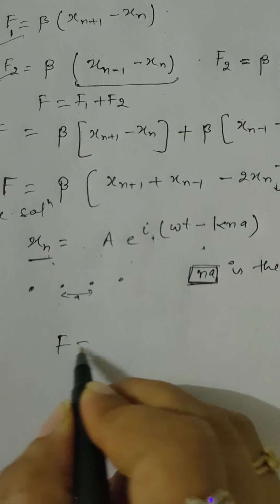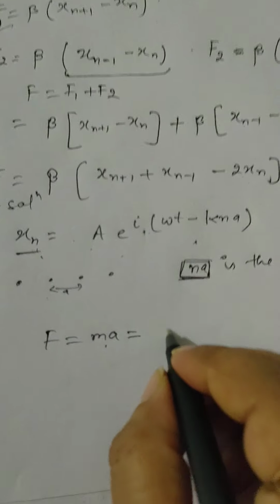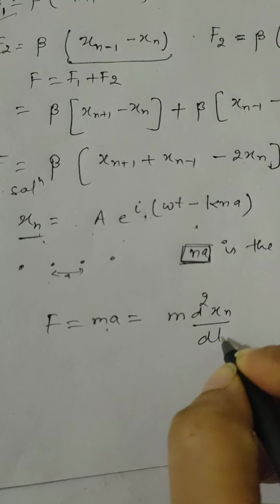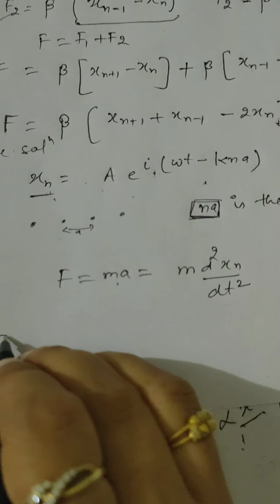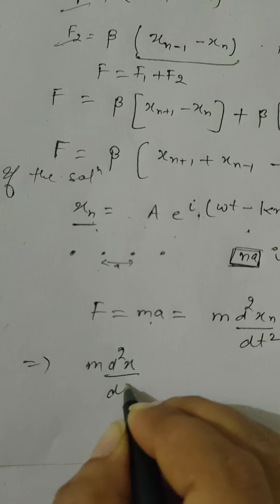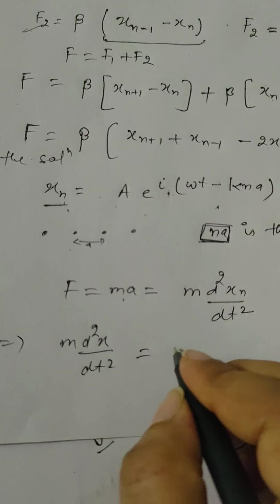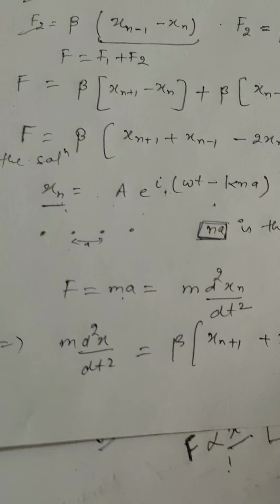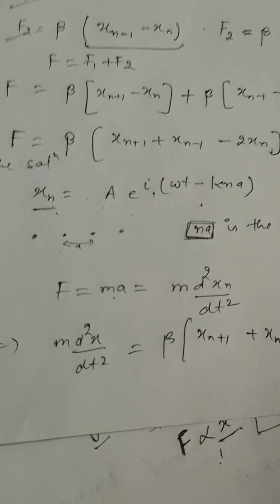F is equal to ma, where a is the acceleration, so F can be written as d square xn divided by dt square. So this equation will become m d square x by dt square is equal to beta xn plus 1 plus xn minus 1 minus 2 xn.